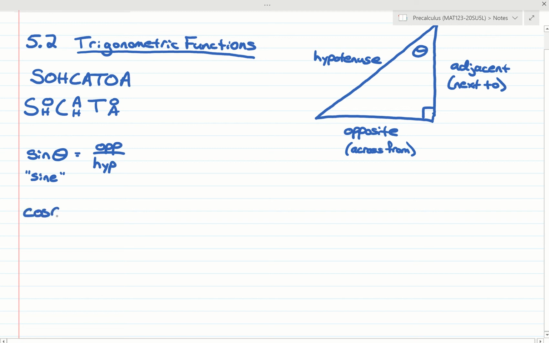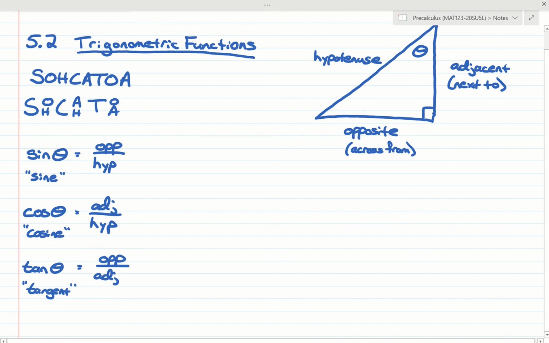Cosine, please don't say cos, is defined as the ratio of the adjacent side over the hypotenuse. And tangent is a trig function that defines the opposite side of your right triangle over the adjacent side.